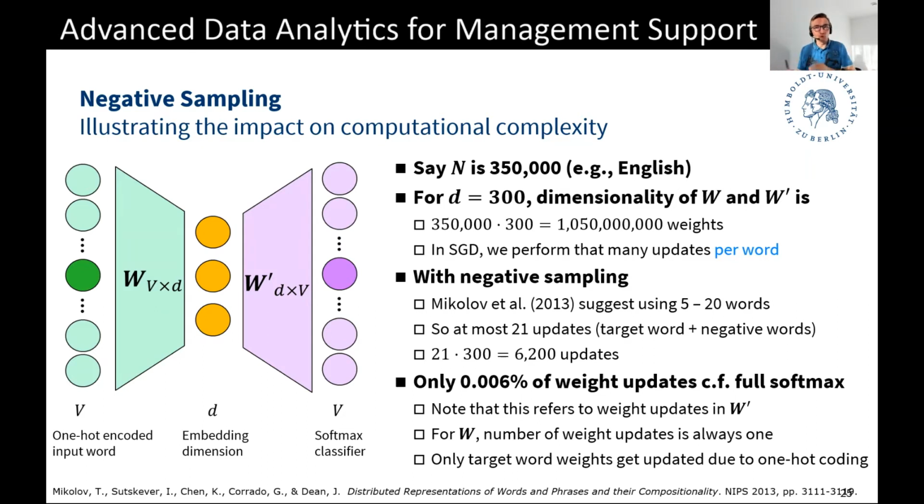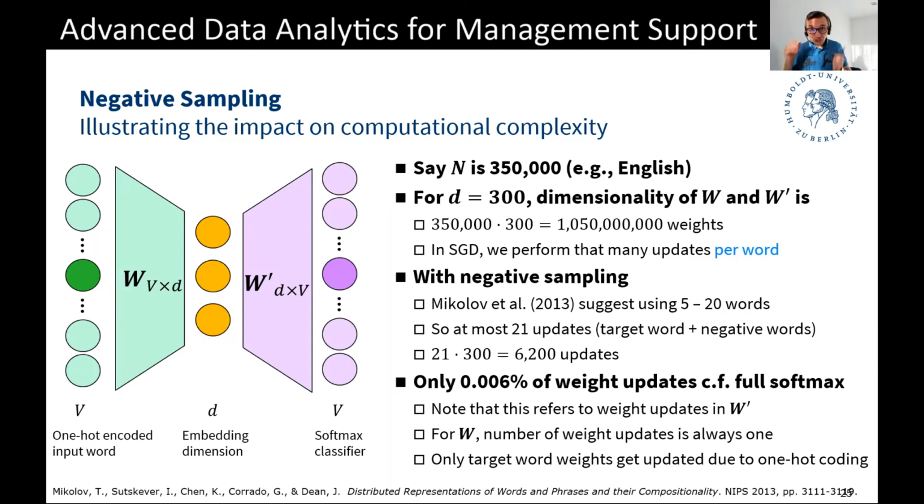And because of all these zeros, basically none of the weights in the matrix W will get updated, but the weights of the single row that represents our input word, the embedding of our input word. That gets updated if we feed the input word into the neural network. Its embedding will get updated.